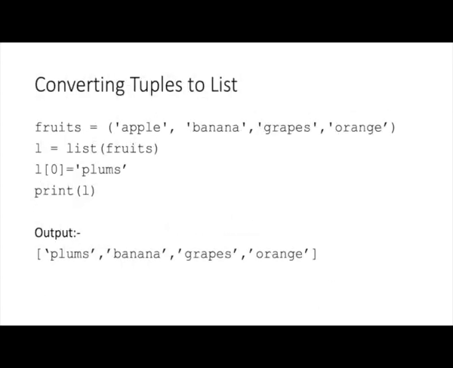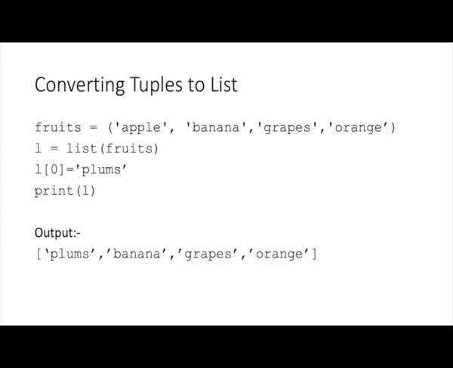In this figure, I have demonstrated how you can convert a tuple to a list. In the first line you create a tuple by the name fruits, fruits equal to apple, banana, grapes, orange. Then I pass this tuple fruits to the list method, which is the constructor for constructing a list of fruits, and which returns a list L. Now, I simply say L of 0 equal to plums.